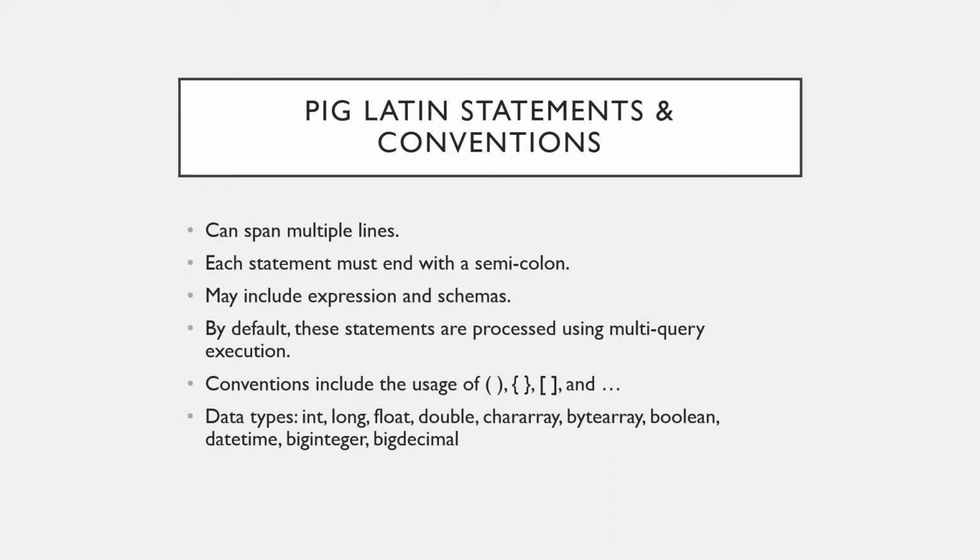And as previously discussed, you have the normal parentheses for marking the tuples, you have the curly braces for marking the bags, and you have the square brackets for marking the maps. And you can have the regular data types like int, long, float, double, etc.